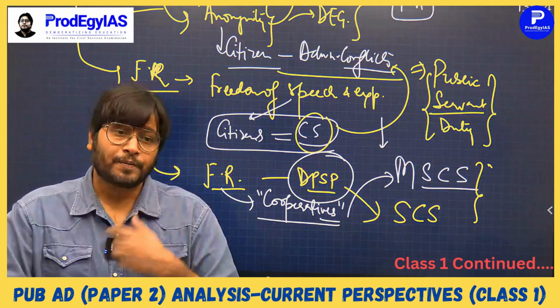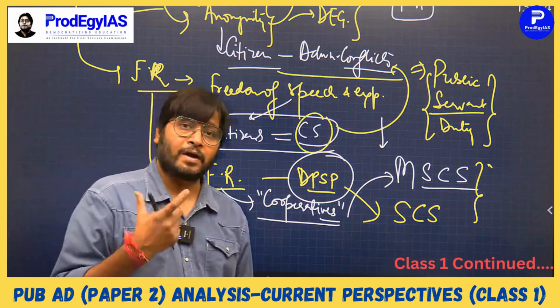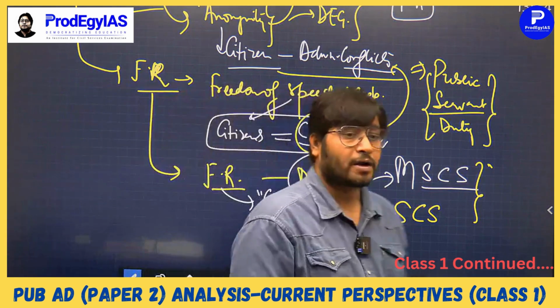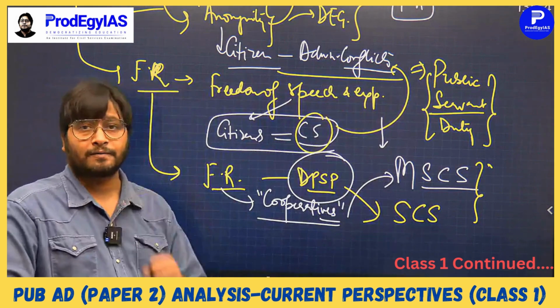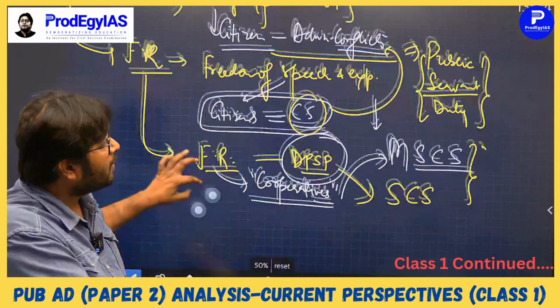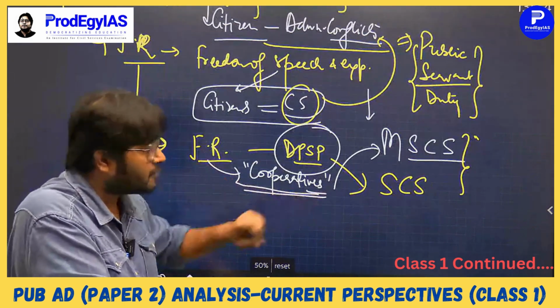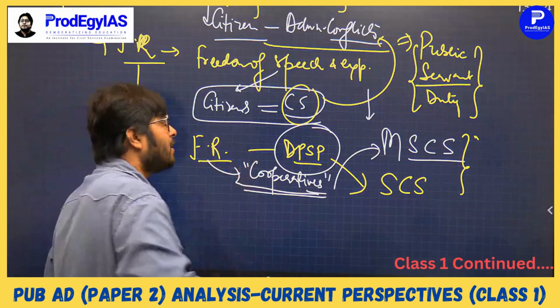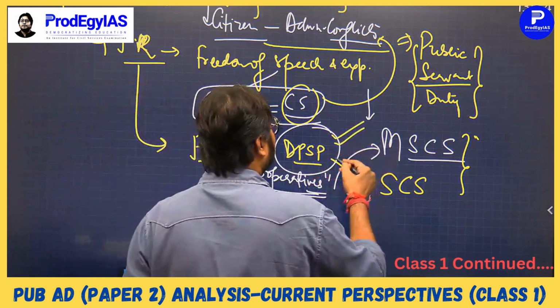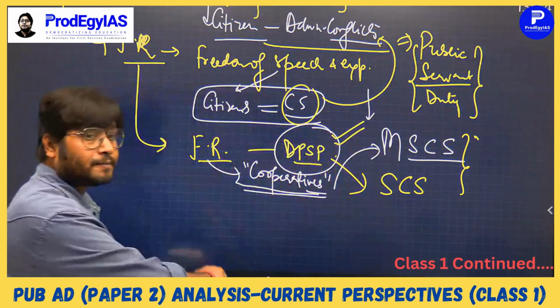Fine. ये भी एक issue है. Right? State will incur expenses. There are a lot of other legal formalities to be performed. So ये एक problem है. Fine, but let us assume this way. So they will create cooperatives. Right? Creation of cooperatives, how does it enhance the aims and objectives of the DPSP?